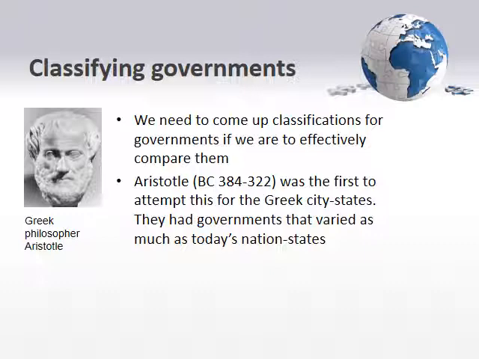And do take a look in the reading that goes over this. But the important lesson that comes from Aristotle's attempt is that he recognized that we can't effectively and methodically compare things unless we can begin the classification process.